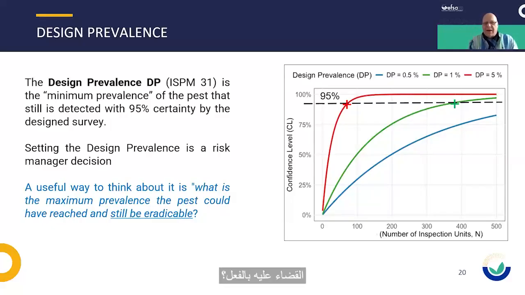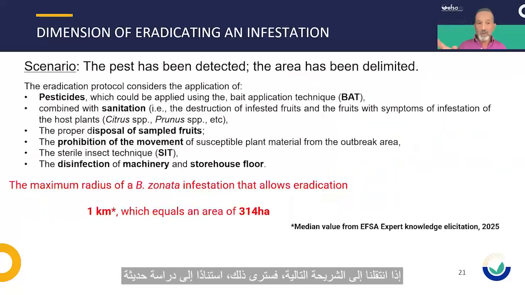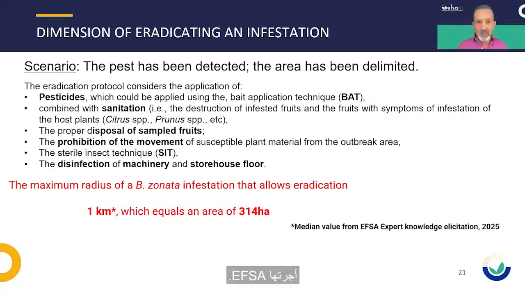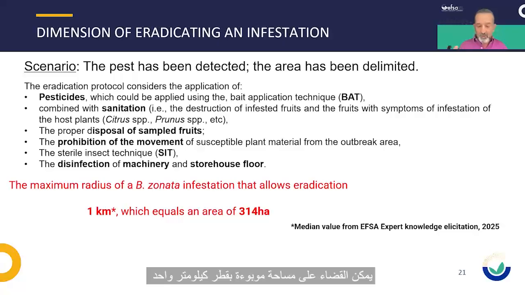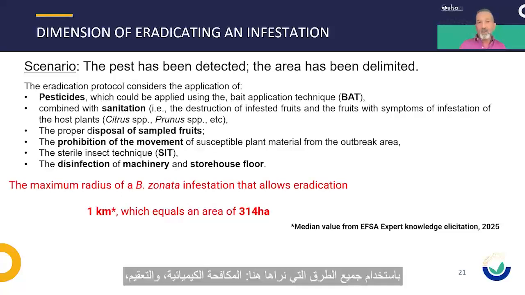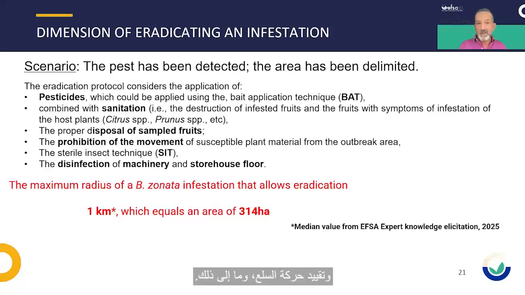Okay, if we go to the next slide, you'll see that based on a recent ECE performed by EFSA, the experts concluded that the surface of a 1 kilometer radius infested can be eradicated by one plant health emergency team using all the methods that we can see here: chemical control, sanitation, limitations to the movement of commodities, etc. So this is what could still be eradicated.